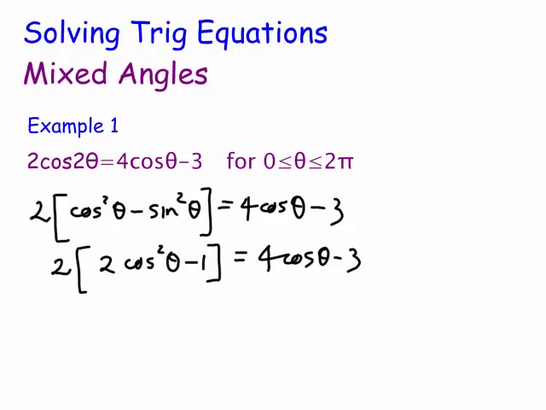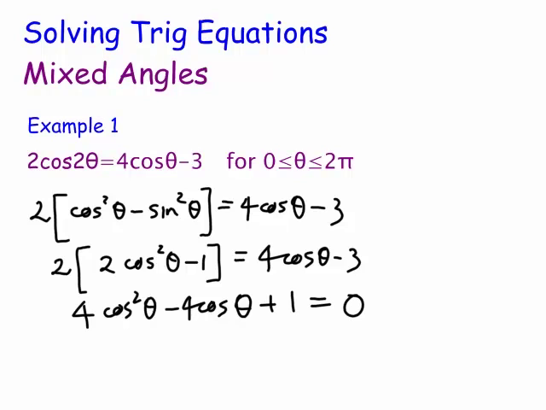Expanding out this expression, we have 4 cos squared theta minus 2. Let's bring it all over one side in one go as I'm running a little bit out of space. So I'll bring the 4 cos theta over, minus 4 cos theta. Bring the 3 over, and we'd have a minus 2 plus 3, so it just becomes a plus 1 equals 0.